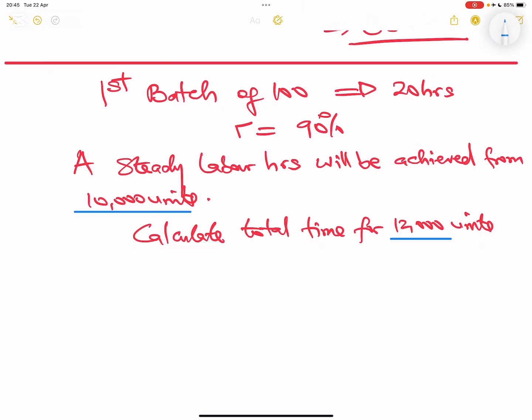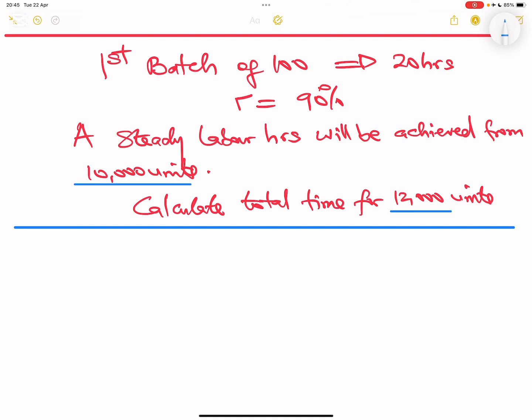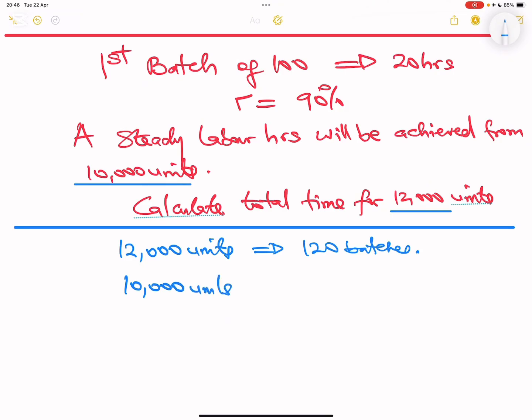Okay, so this is a batch, and because of that, we need to work it as a batch as well. So the 12,000 units that we are asked to calculate is made up of 120 batches. That's 12,000 divided by 100, because one batch is 100. However, we know that learning curve is only relevant to 10,000 units.